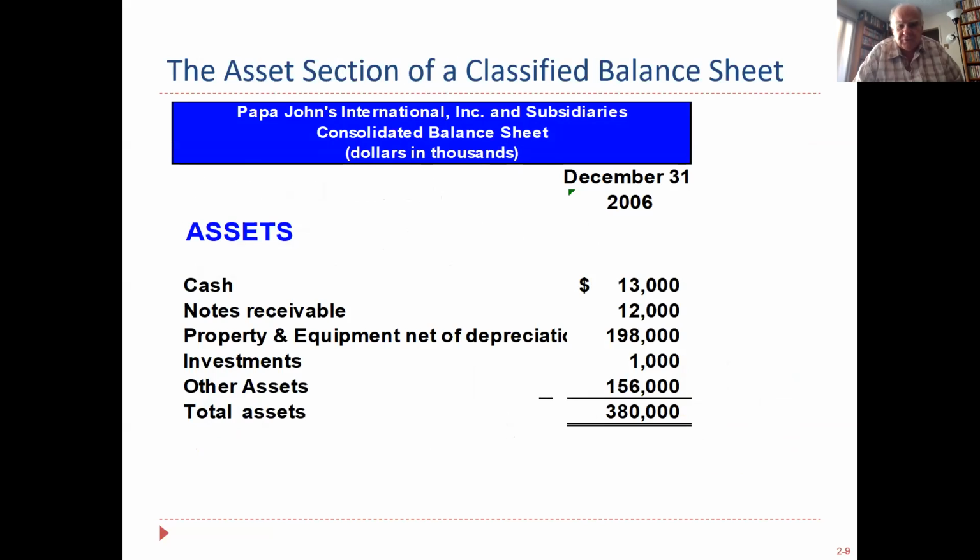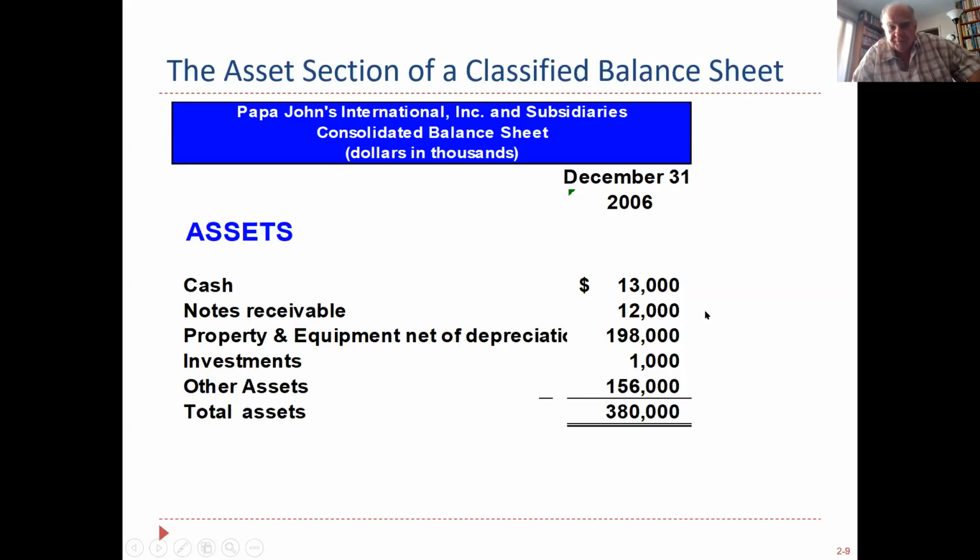In these next 2 chapters, we're looking at some actual data from Papa John's. Here's part of their balance sheet. Cash, and these are actual numbers, probably rounded. They're in thousands, so they have $13 million in cash. Notes receivable, 12.